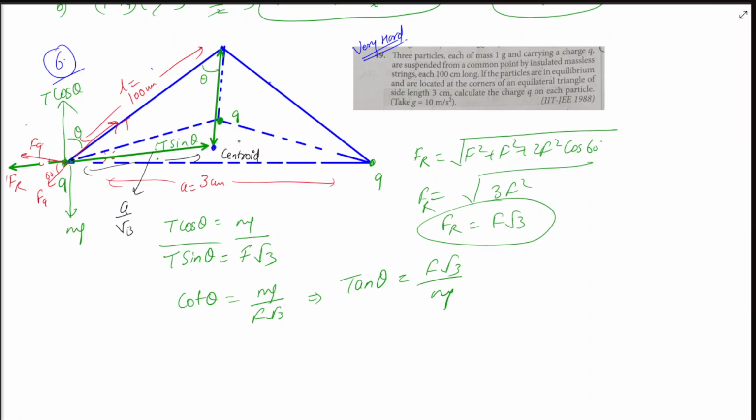It will be a by 2 root 3, right? So we just need this. So tan theta will be what? Now a is very small, so this triangle is like this.